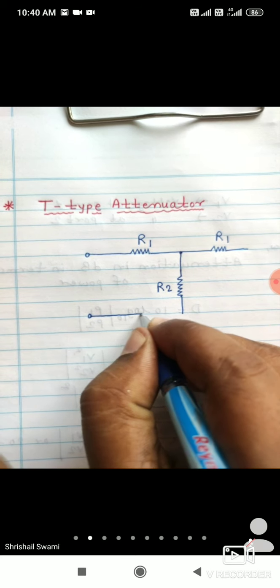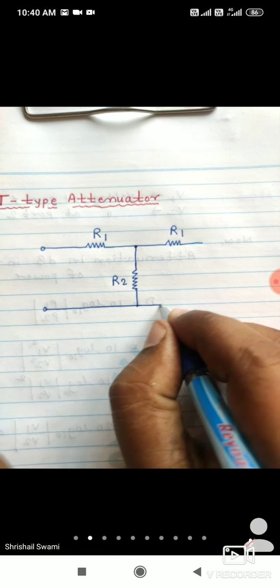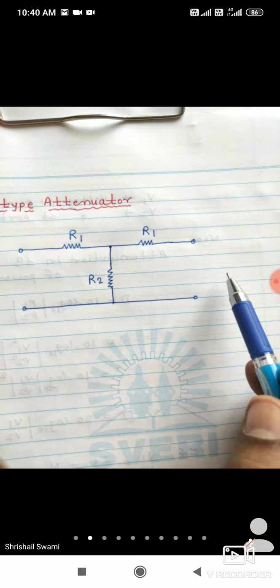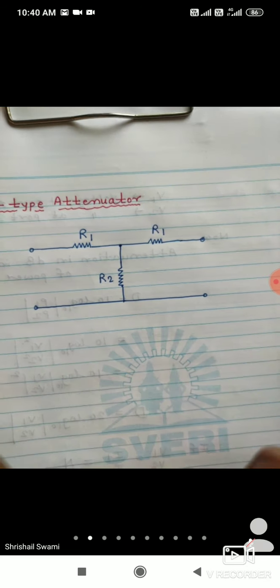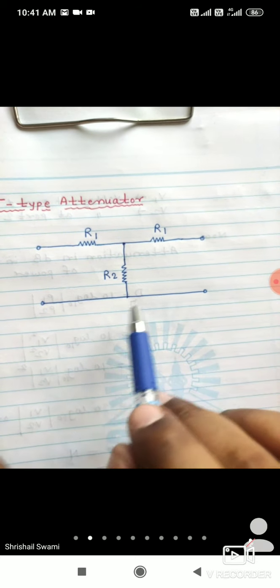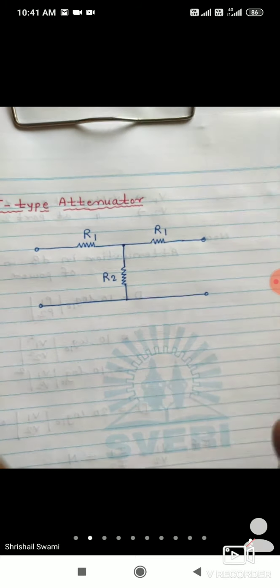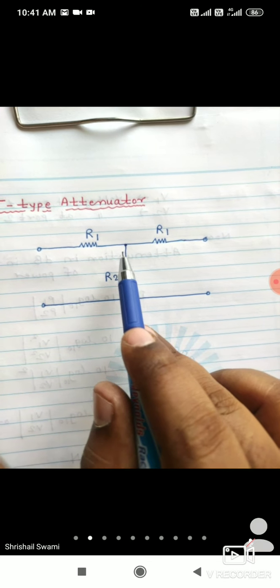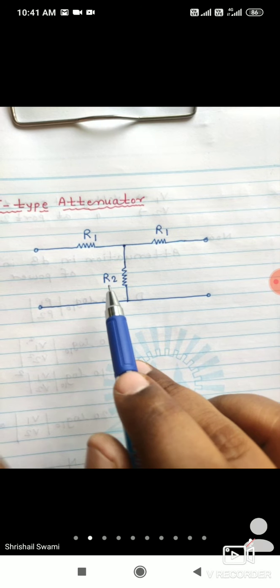So this is the T network or T attenuator. Okay, it is symmetrical. You can look from this side or from this side. It looks the same. When the network looks the same, it is called what? Symmetrical network. Understood? So this is called a symmetrical T-type attenuator, where the series arm consists of resistor R1 and the shunt arm consists of resistor R2.